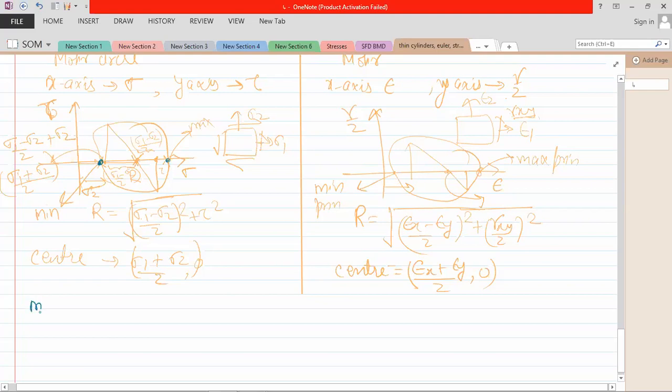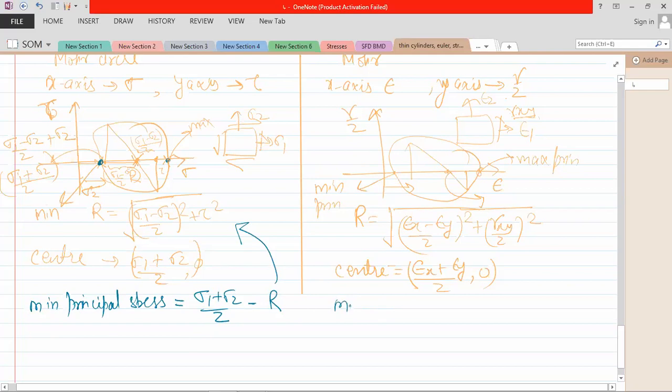For minimum principal stress, you take the coordinate of center and subtract the radius, and you get the minimum principal stress. Your R value is written here.